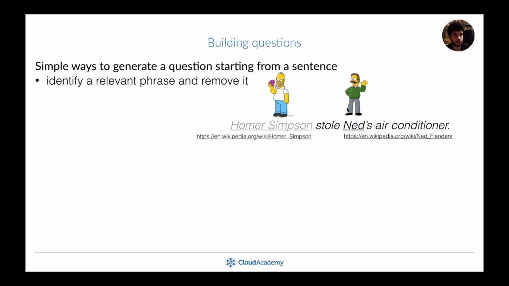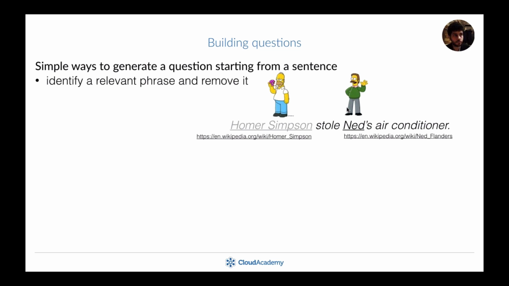So let's start with the sentence that we just used for these examples. Using the entity retrieval endpoint, we can get, as we have shown you, the two main entities of the sentence, which are Homer Simpson and Ned, clearly Ned Flanders.